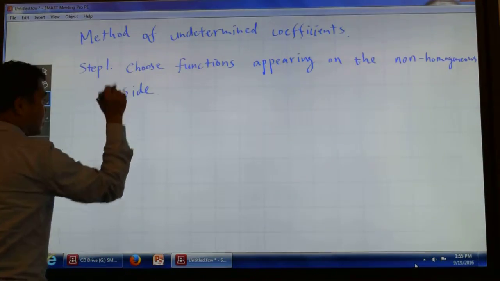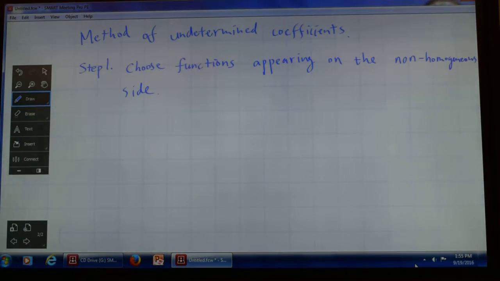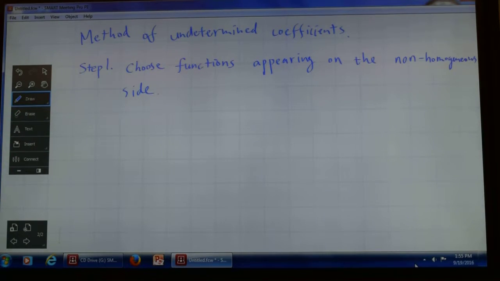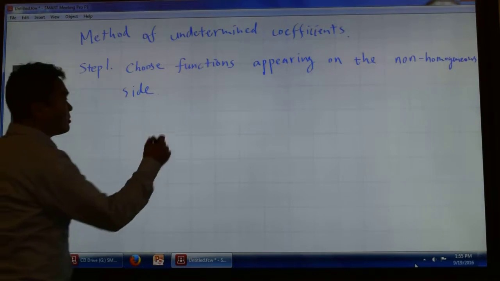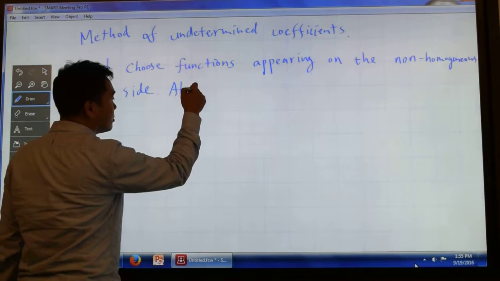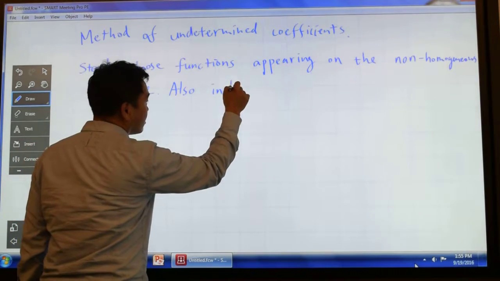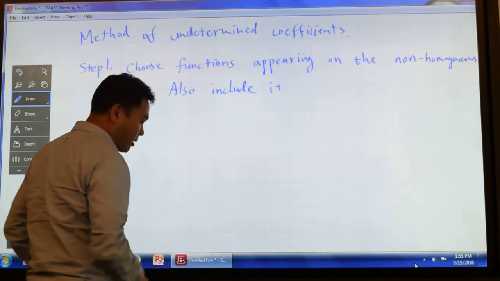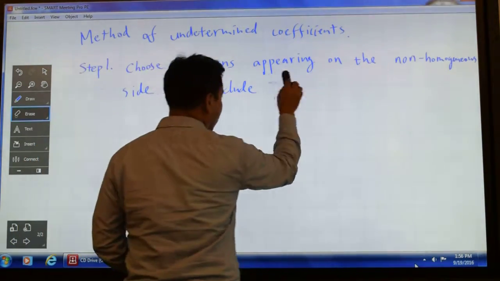Okay. So if it was sine x, you have to put sine x into your thing that you want to create. Okay. But not only that, you also want to include its or their derivatives.